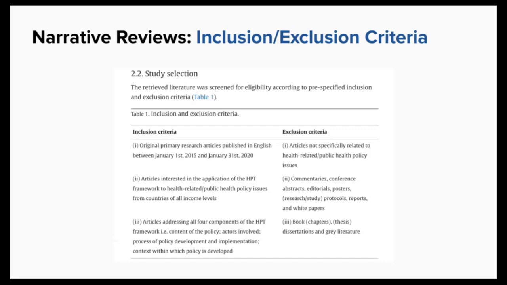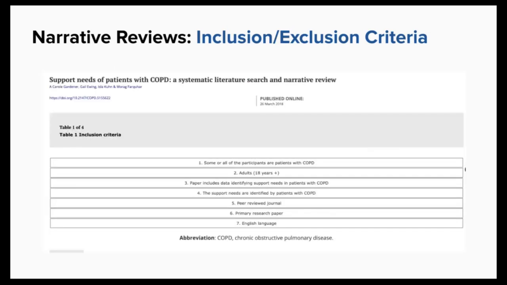And yet another example, just to hammer home the different dimensions that researchers choose to include and exclude based on. Again, you can see their population here, patients with COPD. They need to be above 18. They can be any gender, though. And then the paper needs to include data identifying support needs in patients with COPD.